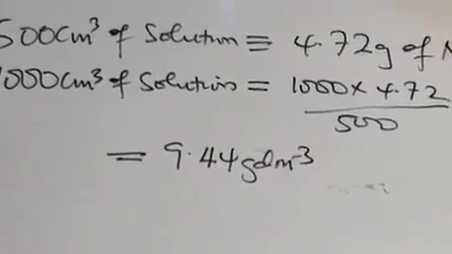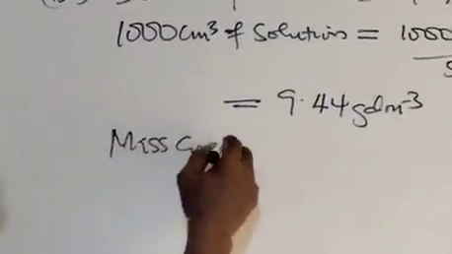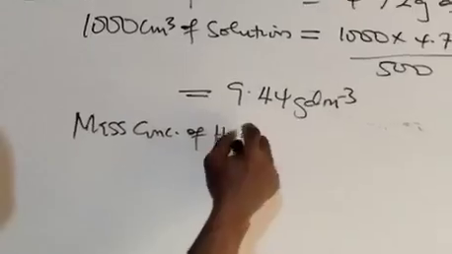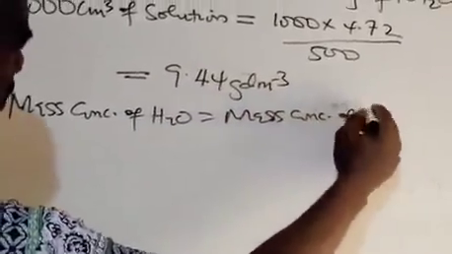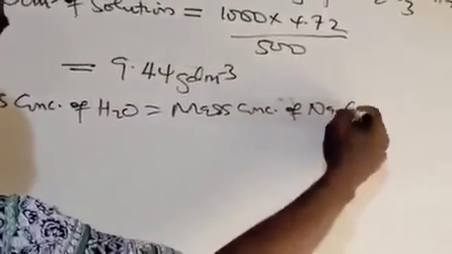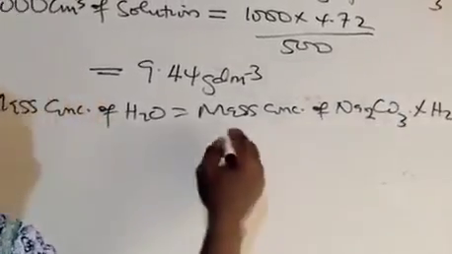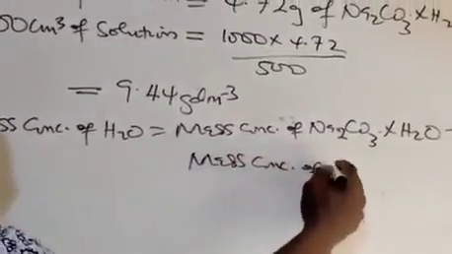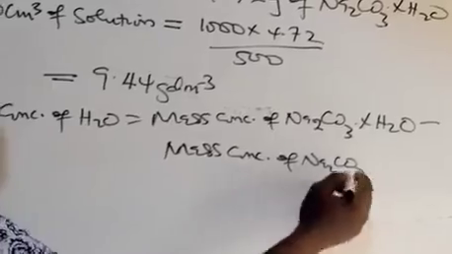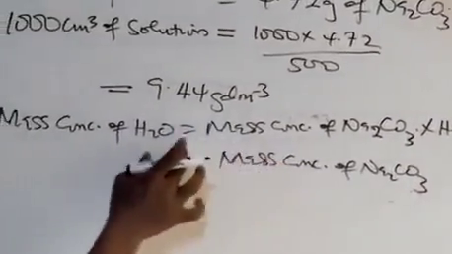So we're looking for the mass of water. The mass concentration of water, I will call it, will become the mass concentration of the hydrated salt, that is Na2CO3.S water, minus the mass concentration of the anhydrous, that one we got in question BII. So that is the difference between these to give the mass of water.